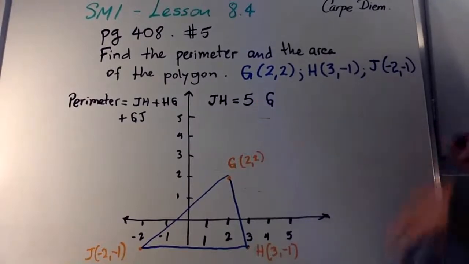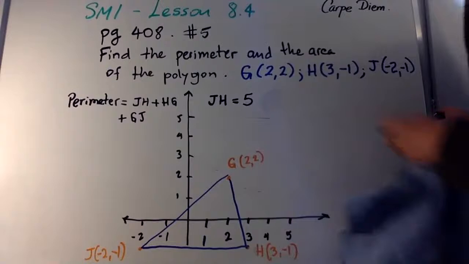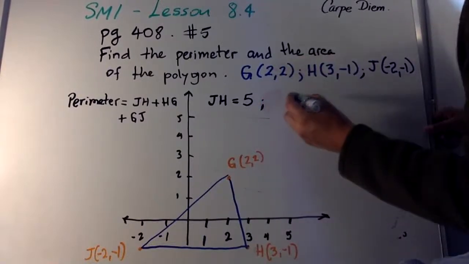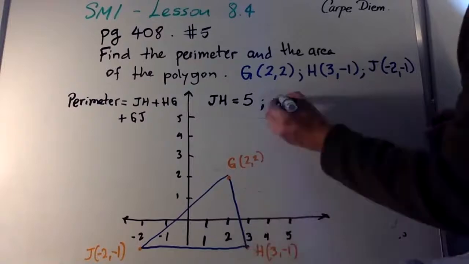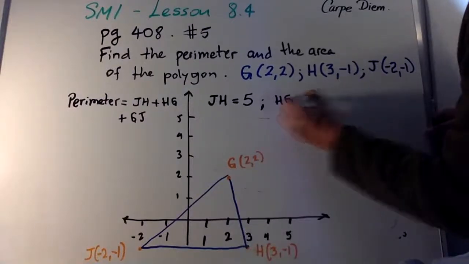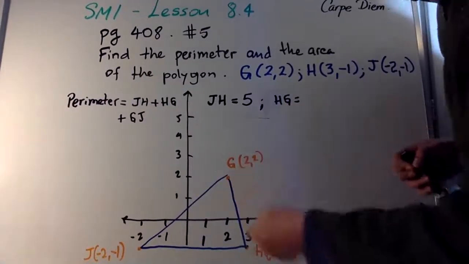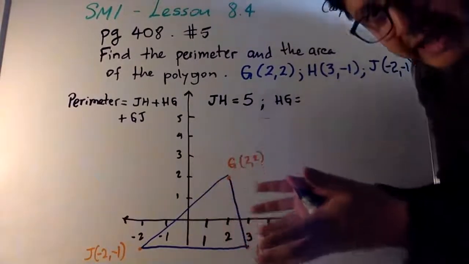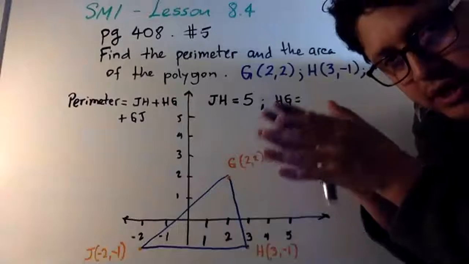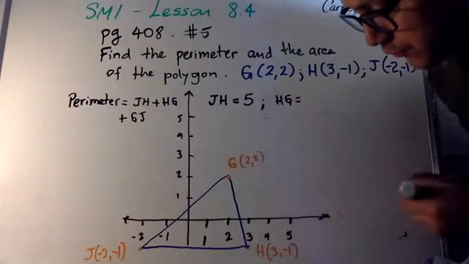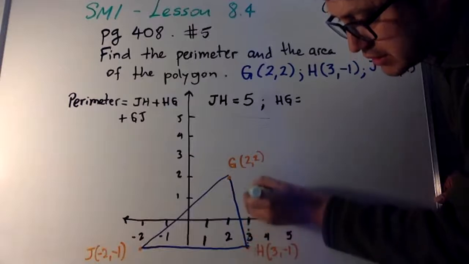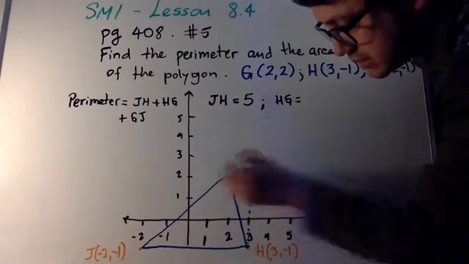HG, let's do HG, which is, GH is the same thing, but I'm just being consistent here, okay? So HG, in order to find this distance, be careful, it's a slanted segment, so we just don't count things, no. We break it down into its horizontal and vertical distance, so I do this, right? It's something like this and then this, all right?